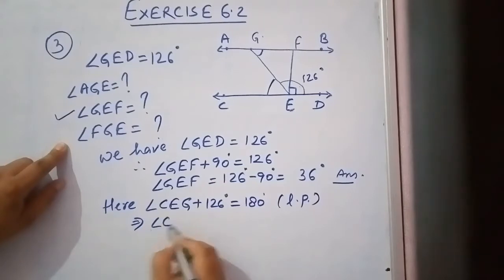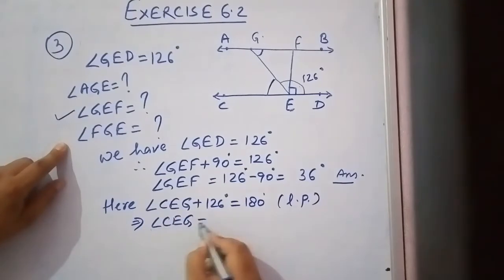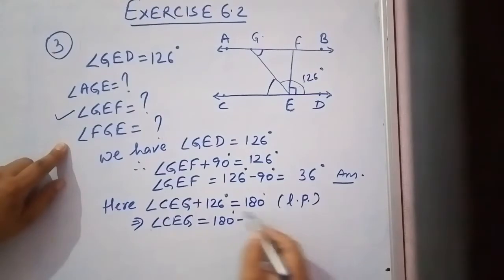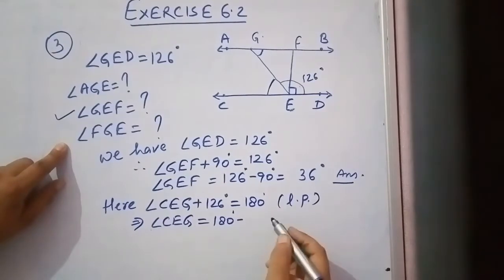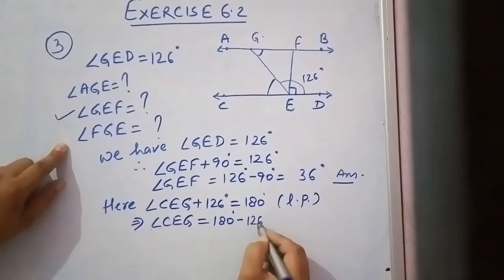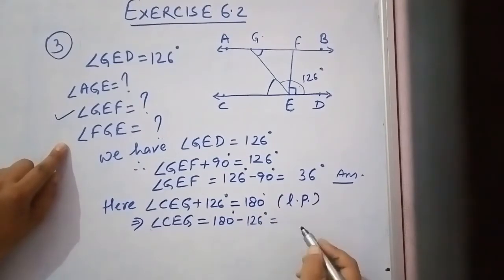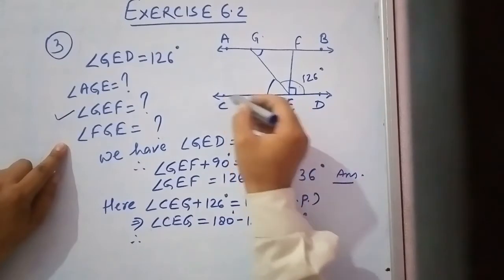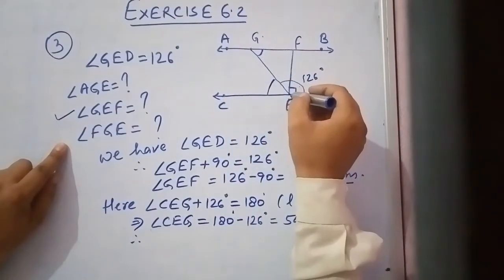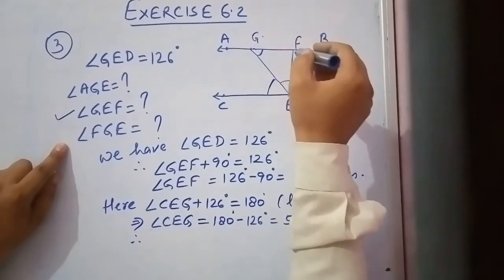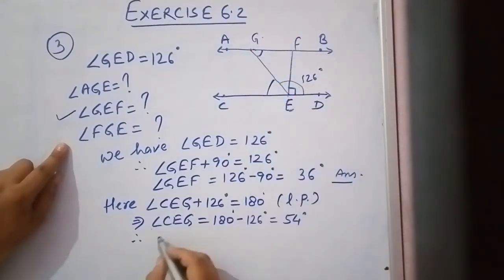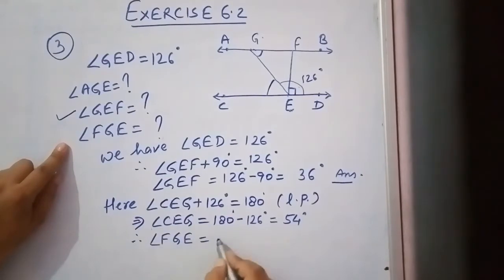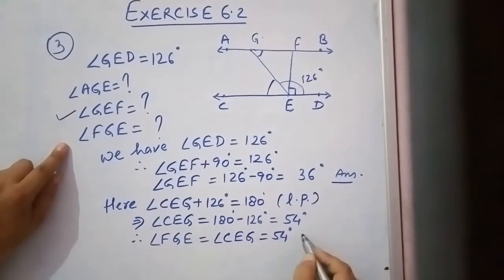This implies angle CEG equal to 180 minus 126, that is 54 degrees. This implies angle CEG equal to angle EGF, or FGE. So FGE equal to CEG equal to 54 degrees.